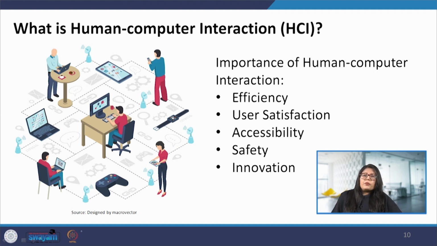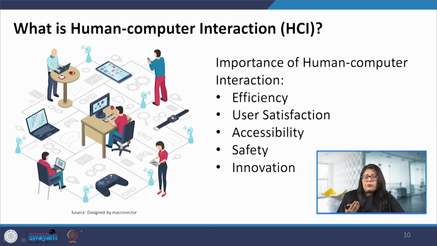HCI also can help in safety by ensuring that the instructions given to the user through the interface are very clear and simple, so that there is less chance of making any type of error by the person who is using it.